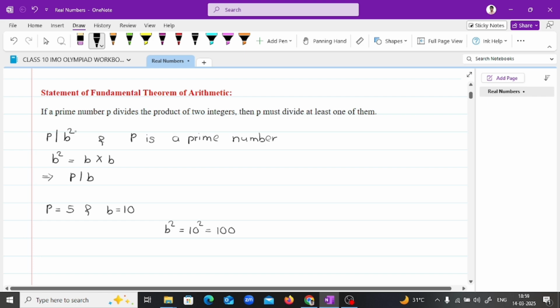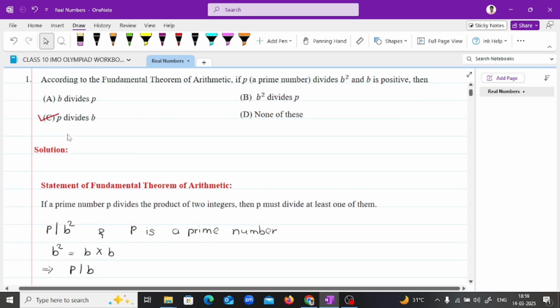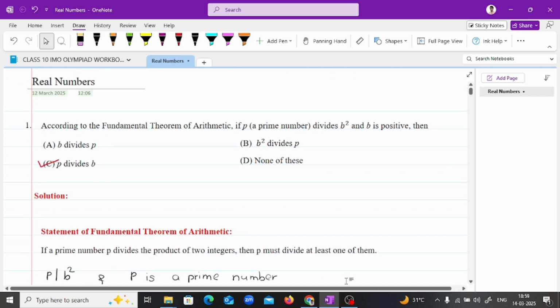Since p divides 100 and p divides 10, this confirms that p divides b. So the answer to question number 1 is option number C.